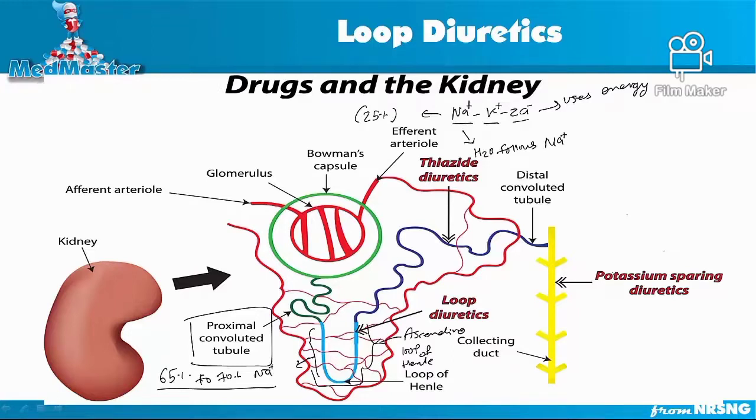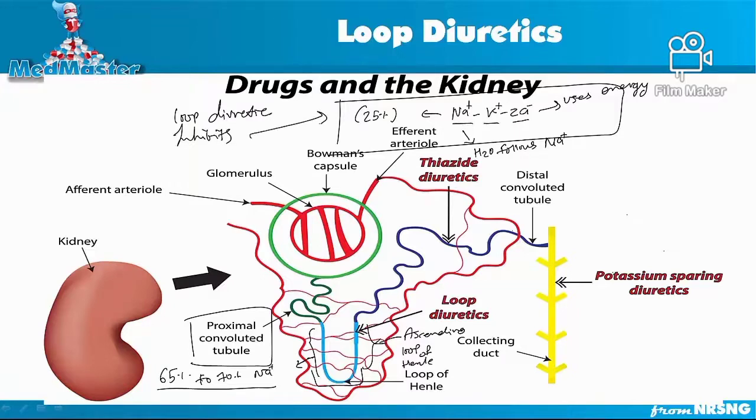Now the loop diuretic inhibits the whole pump. Loop diuretic inhibits this whole reabsorption process. When the sodium doesn't get reabsorbed, potassium doesn't get reabsorbed, and chloride doesn't get reabsorbed, water is not going to get reabsorbed as well.